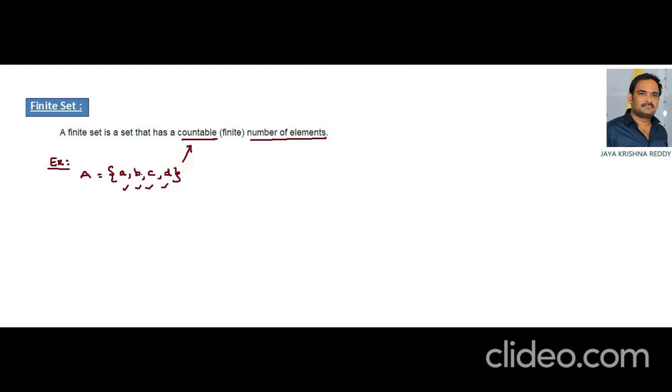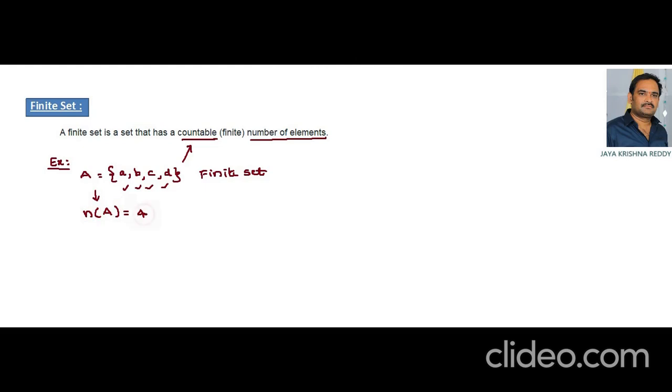We are able to count the number of elements. 4 elements are there. So, this is a finite set. We can write the number of elements of the set as n(A) equals 4.